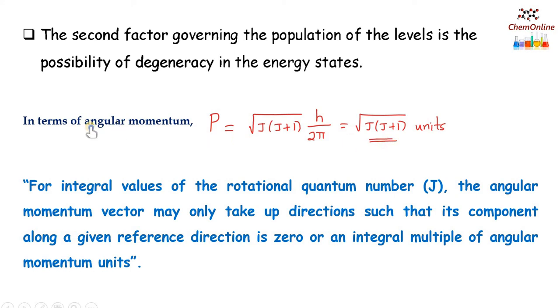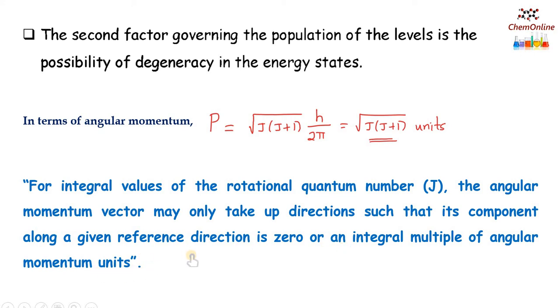Now this angular momentum P is a vector quantity, that is, it has direction as well as magnitude. So the number of different directions which an angular momentum vector may take up is limited by a quantum mechanical law, which may be stated as: for integral values of the rotational quantum number j, the angular momentum vector may only take up directions such that its component along a given reference direction is 0 or an integral multiple of angular momentum units.